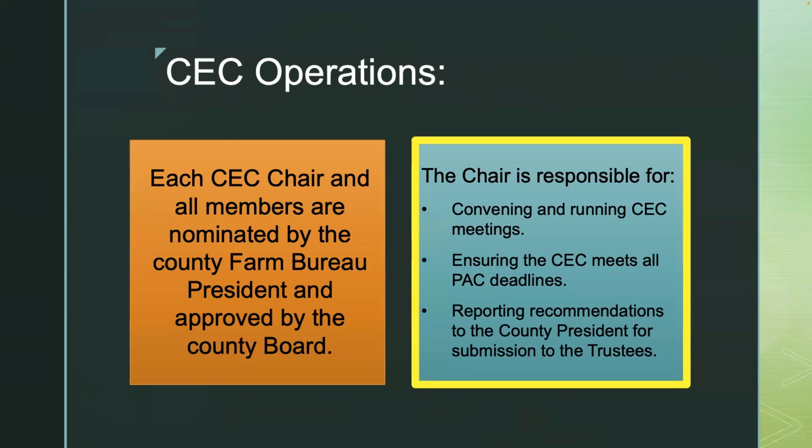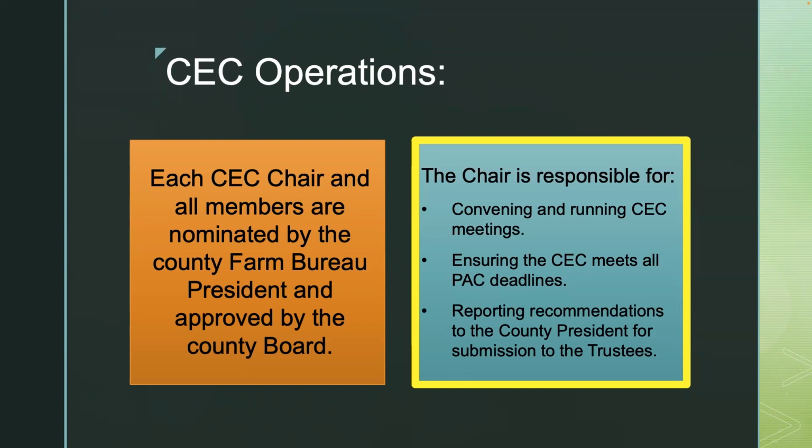So at their first meeting, the CEC will determine who the chair is, and the chair is responsible for convening and running CEC meetings. The chair is responsible for ensuring the CEC meets all the PAC deadlines, and there will be a detailed timeline.